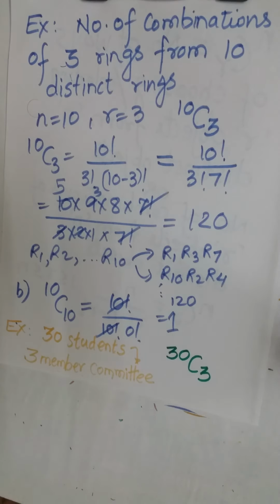Yes, it is equal to a combination of 3 students taken from 30 students, which is 30C3. So whatever the answer is, it will reflect that many committees formed from the given 30 students. And each committee will have how many members? 3 members.